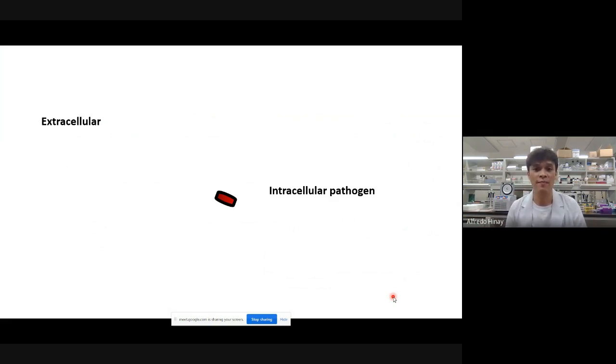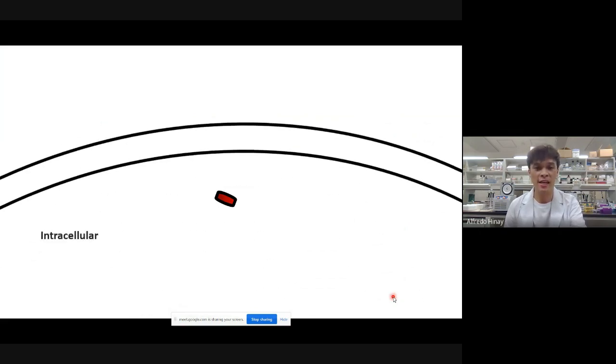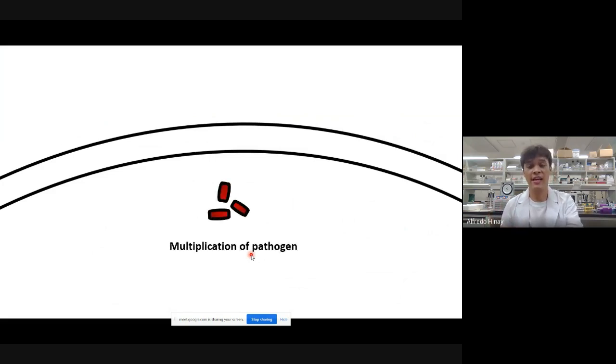So going back to immunology, class, you have your intracellular pathogen. And of course, this will be inside the cell, for example, the antigen presenting cell. Since they are intracellular pathogens, they are able to multiply inside the antigen-presenting cells.